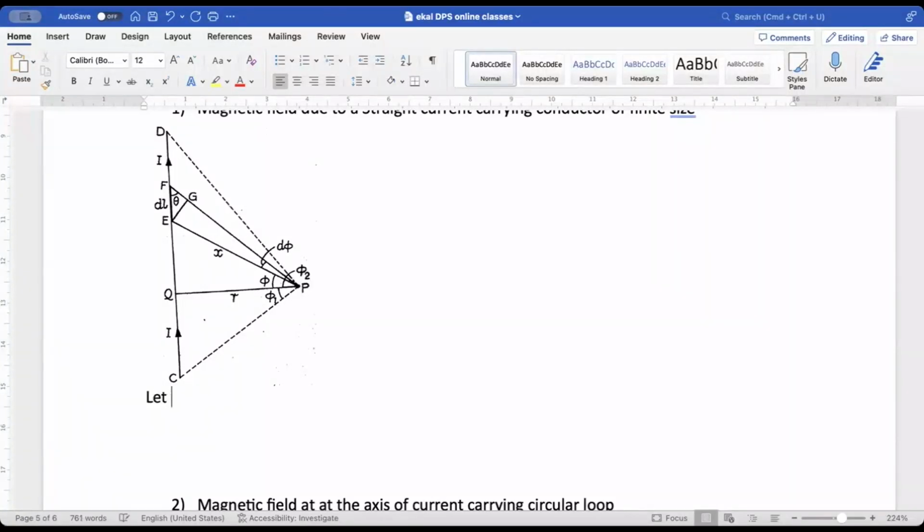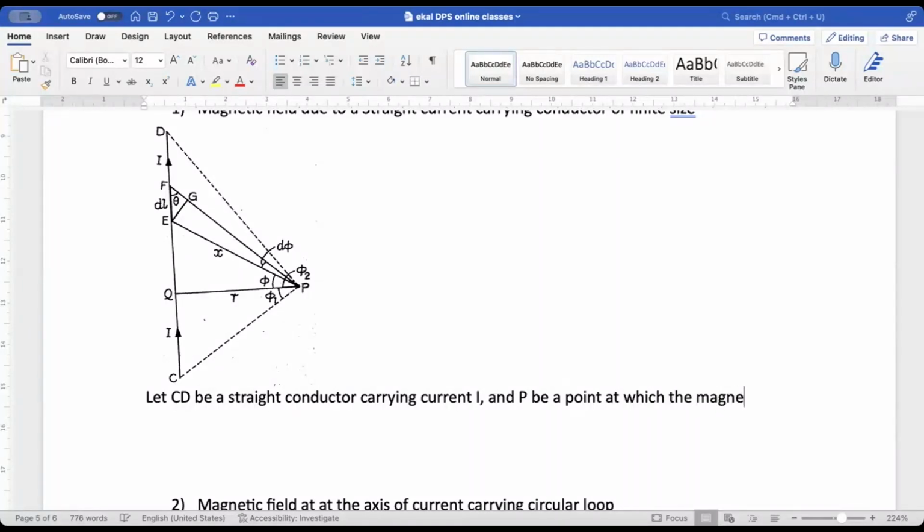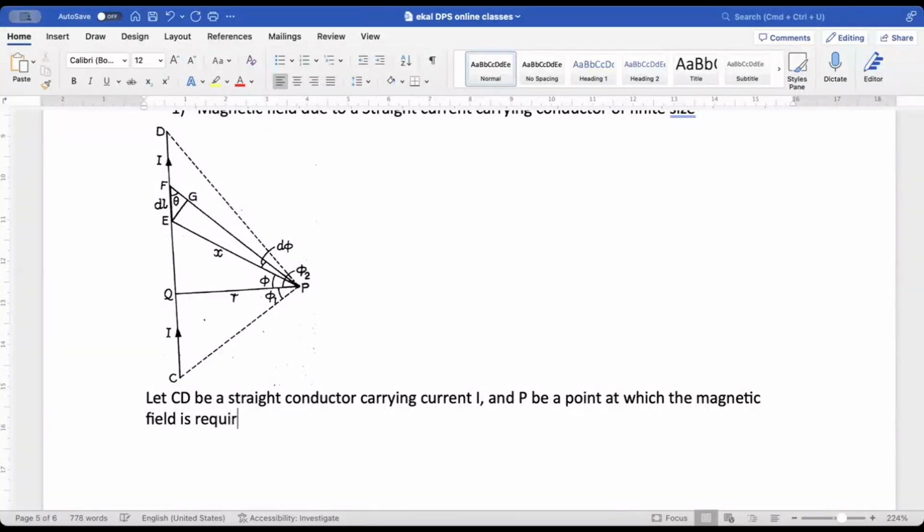So let me just write all this for you. Let CD be a straight conductor carrying current I, and P be a point at which the magnetic field is required.